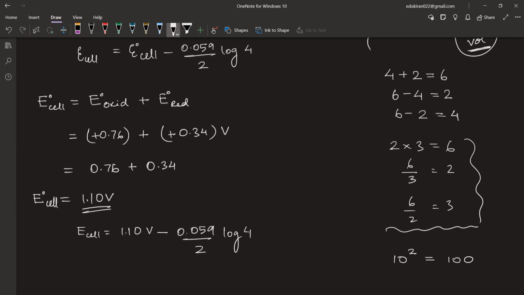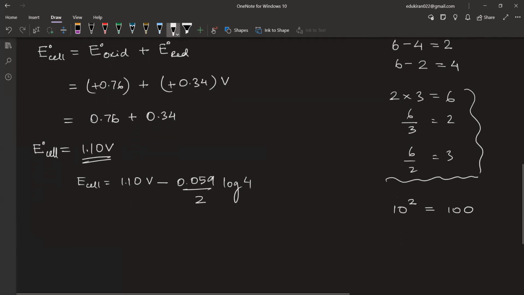Once the mathematicians started saving space and time, 10 into 10, you don't write it like this, you save space and write 10 square. Math is nothing very heavy, just saving time and space. Now I can write root of 100 is equal to 10, correct? Is there any other way in which I can express this? Now you know that both of these equations are the same, right?